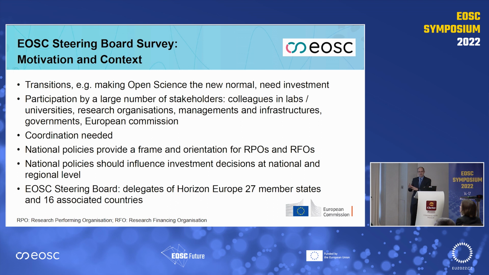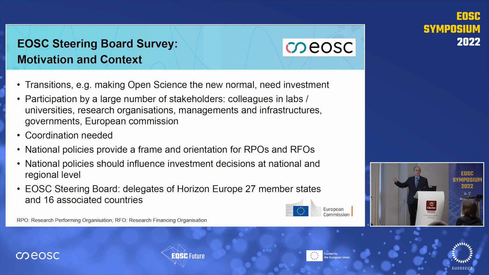So our approach is much more driven by this need to better coordinate, to better give frames for our research communities. Because we have so many participating stakeholders, we need coordination, and we need national level policies to give them a frame on how to move forward.